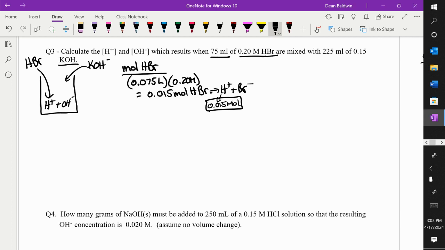Do it for the other thing, KOH. We have 225 mL of 0.15 molar, and that's going to spit out 0.03375.